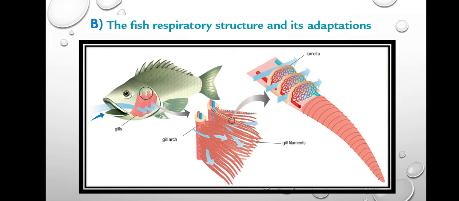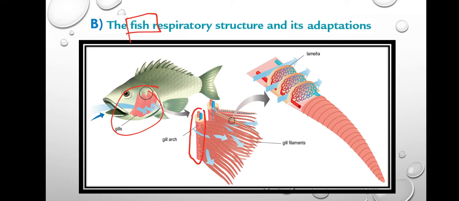Then we see the fish. Same here, in the video they also talk about gills. Of course we have the gills. Now for the structure of the gill, you have to know very well, in detail. So first thing, you have the gill arc.